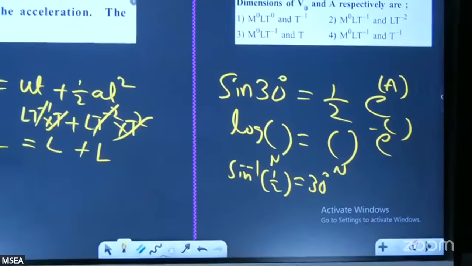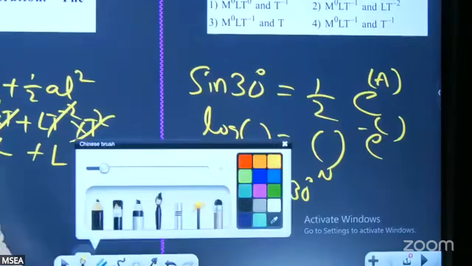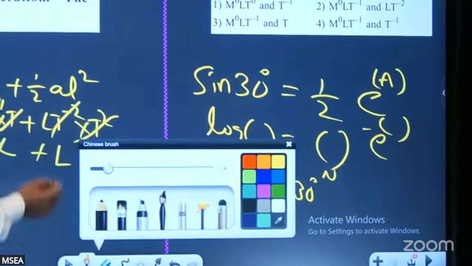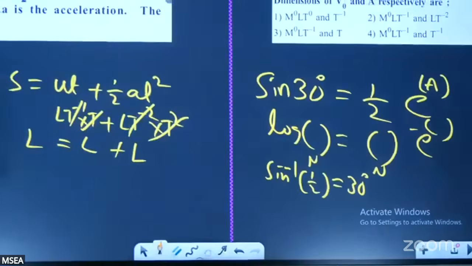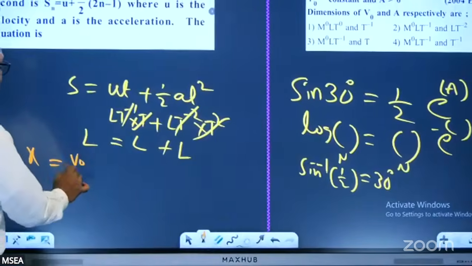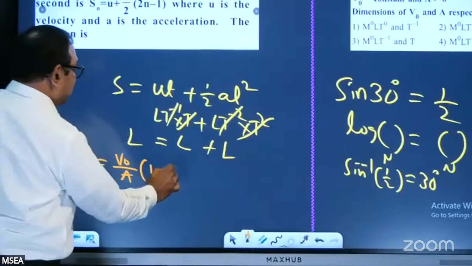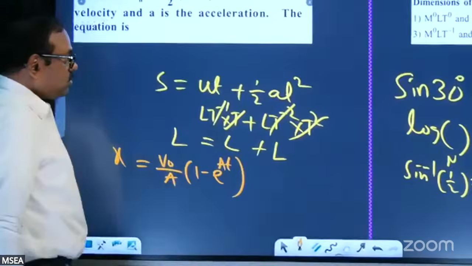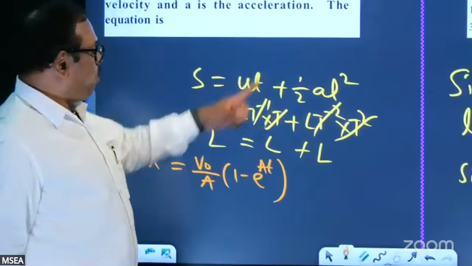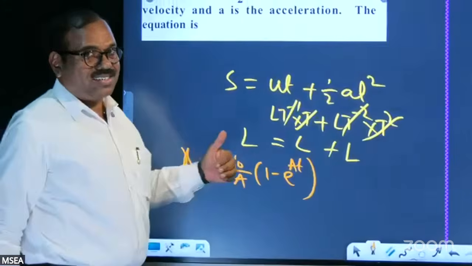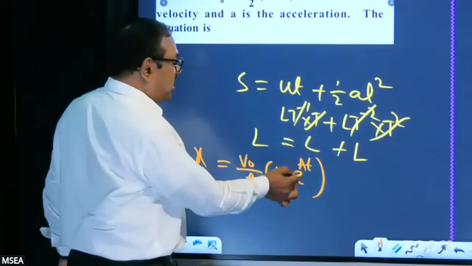So let us take that question, I am doing it by changing the color. Let us take, yes, x is given as V naught by A, 1 minus e power at. Then this is the position of the particle. Position means a distance, but it is an exponential power.